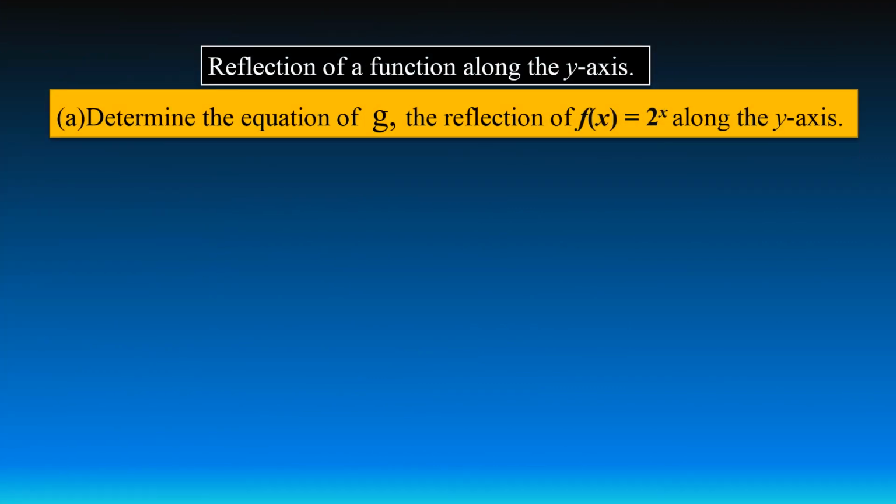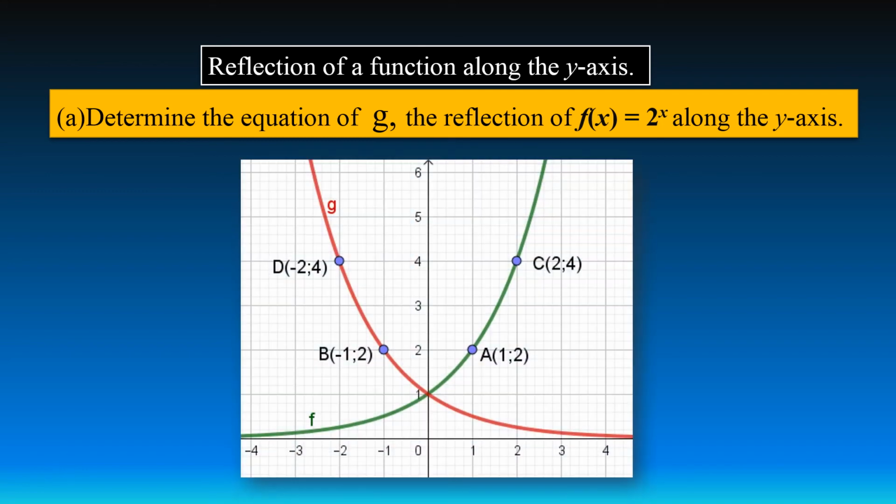Now we come to the reflection along the y-axis. The same function we use. We have the graph. What is the difference here? Look at the point A. A is (1, 2). But the reflected point B is (negative 1, 2). So the x value is changing from 1 to minus 1. Same thing with C, (2, 4). The x value changes to D, (minus 2, 4).